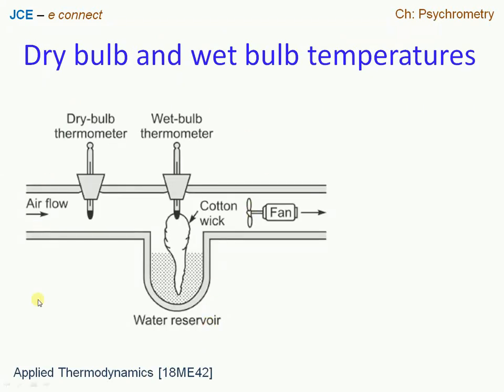So here we have a setup in which we have unsaturated air flowing through this apparatus. Since the air is unsaturated, that means it is relatively dry, and we see that first this sample of air is going to come across the vicinity of the dry bulb of the thermometer, and the temperature indicated by this thermometer is called the dry bulb temperature.